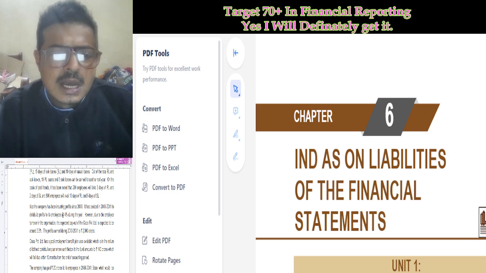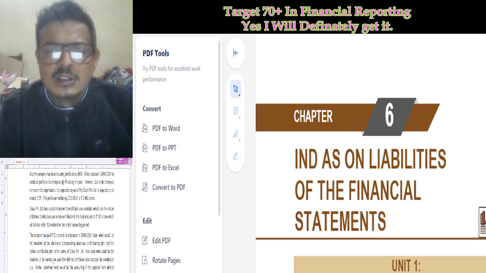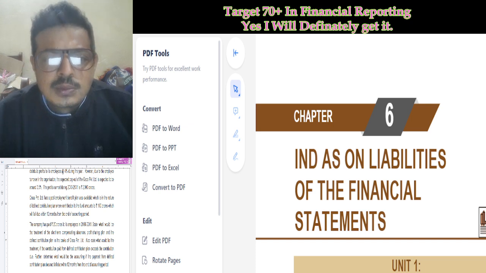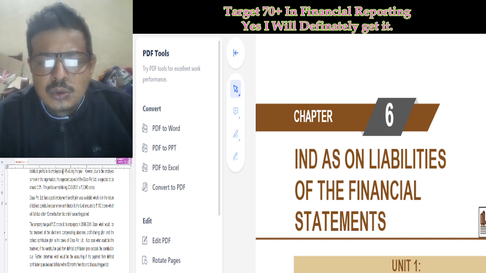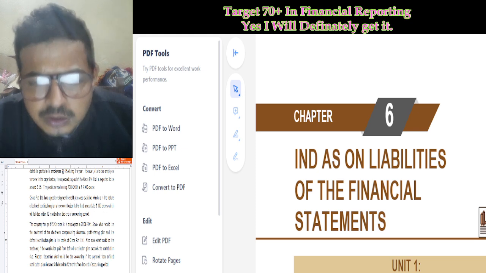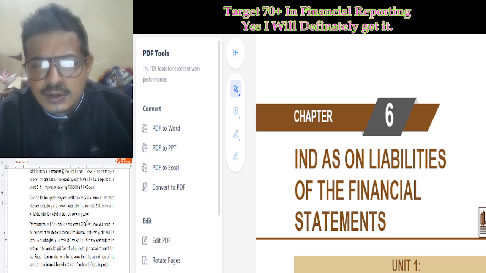Cisca Private Limited also has a post-employee benefit plan, which is in the nature of a defined contribution plan, where the contribution to the fund amounts to 100 crores, which will fall due within 12 months from the end of the accounting period. The company has paid 20 crores to its employees on 20X0-X1.